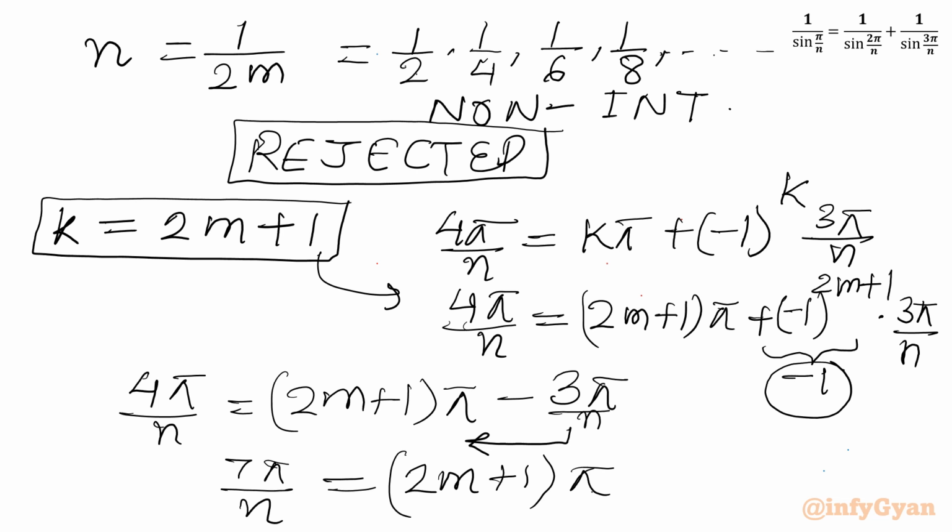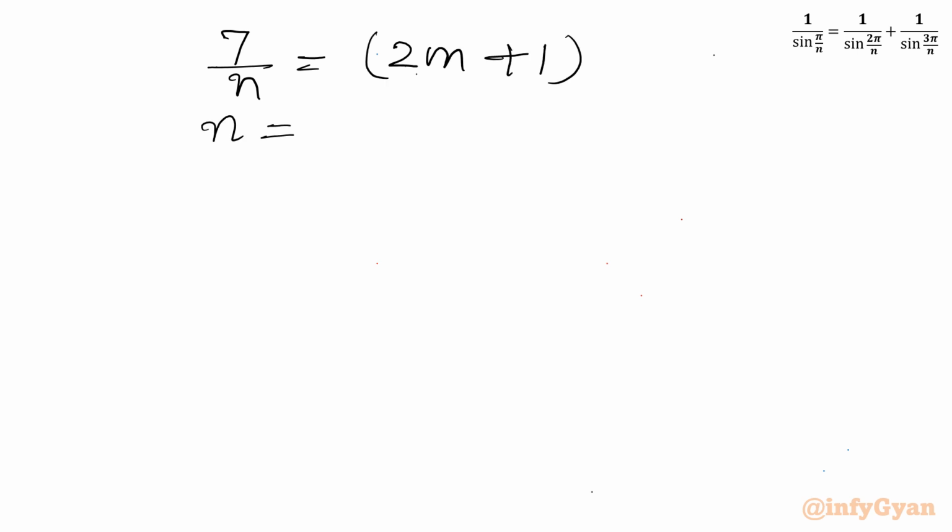Pi will be cancelled out. So 7 over n equal to 2m plus 1, so n is equal to 7 over 2m plus 1.